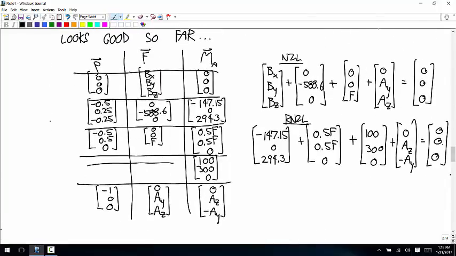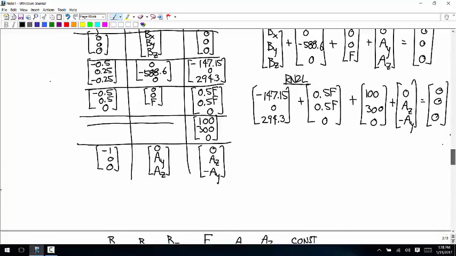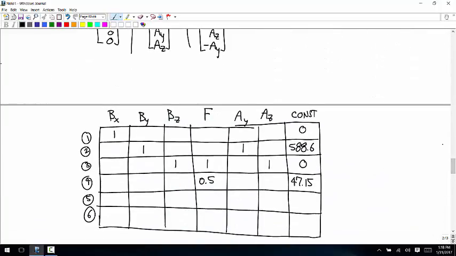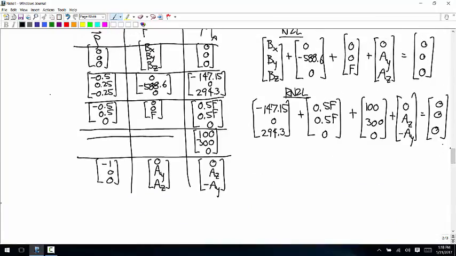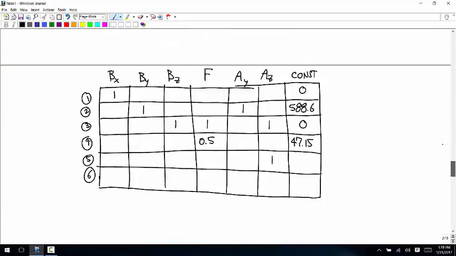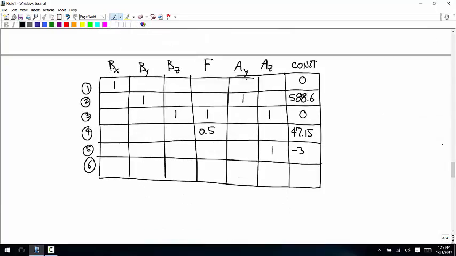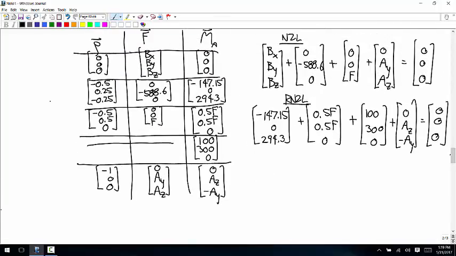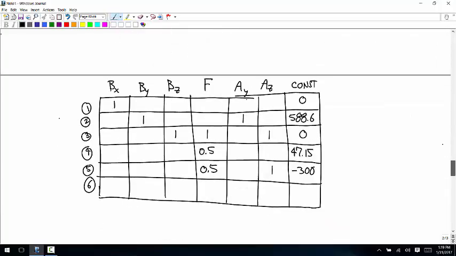The fifth equation, we also have 1 times AZ. Oh, and I haven't filled that out yet. So we have 0.5F plus 1 AZ is equal to -300. And then the last one says -AY is equal to 294.3.